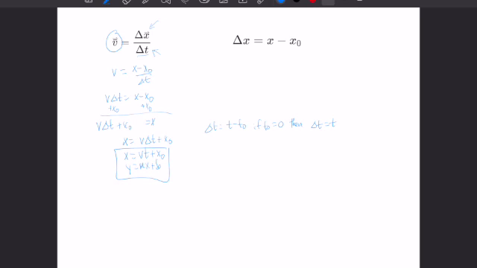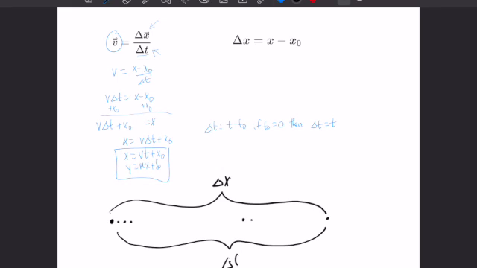So we could have a particle that moves like this, and we could say this is delta x, and it also corresponds to delta t.